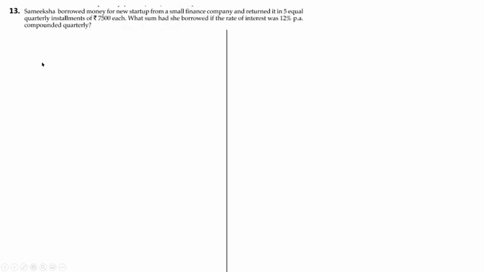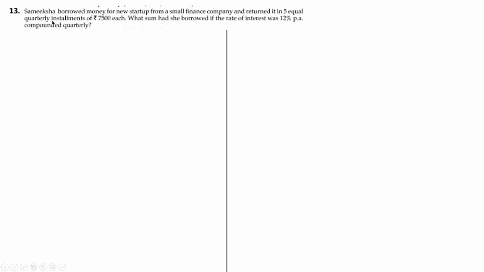Moving on to the next question. Samiksha borrowed money for new startup from a small finance company and returned it in 5 equal quarterly installments of rupees 7,500 each. What sum had she borrowed if the rate of interest was 12% per annum compounded quarterly?